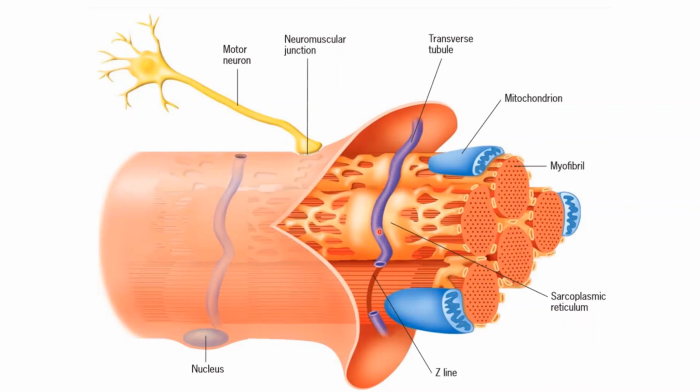And as it travels through this transverse tubule, it's going to stimulate the sarcoplasmic reticulum, which is actually a special type of endoplasmic reticulum that stores calcium ions in the muscle fiber, to release calcium into the cytoplasm. And this release of calcium allows the actin and myosin units in the muscle fiber to actually contract.